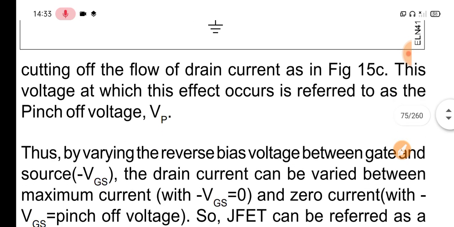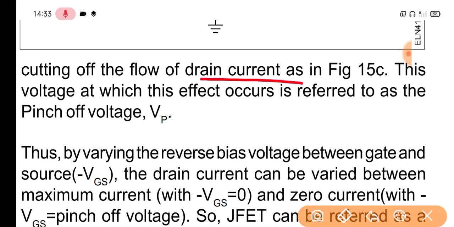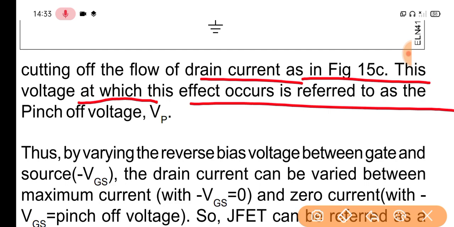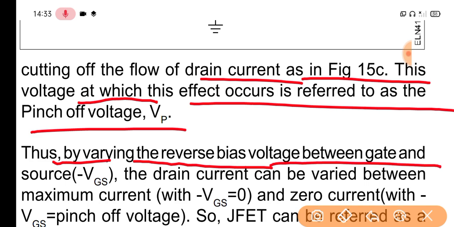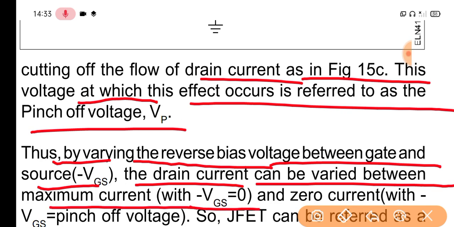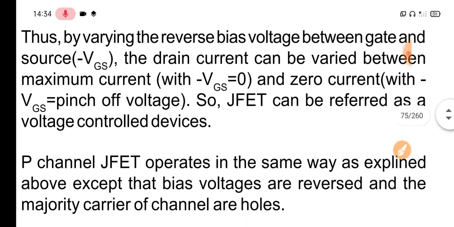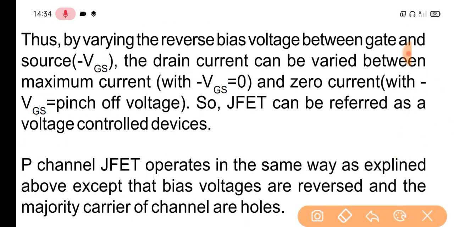Cutting off the flow of drain current as in picture 15c. This voltage at which this effect occurs is referred to as the pinch-off voltage VP. Thus, by varying the reverse bias voltage between gate and source VGS, the drain current can be varied between the maximum current with VGS 0 and the zero current with VGS at pinch-off voltage.